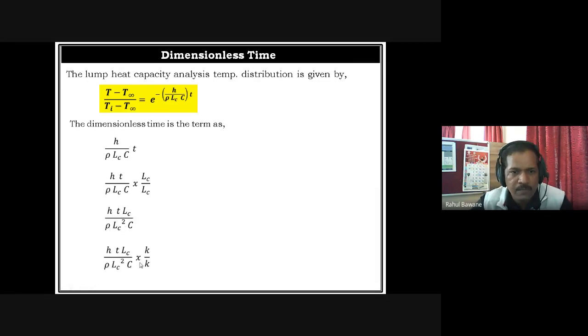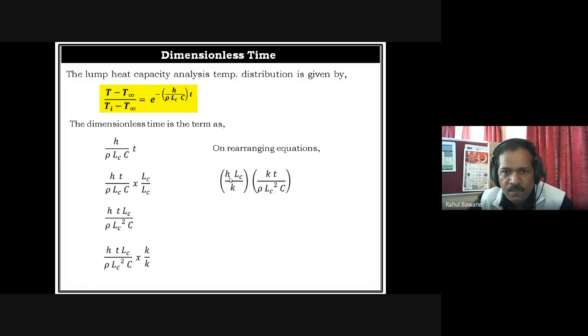Now we will multiply and divide by K, thermal conductivity. So our formula becomes h Lc upon K, and the second part K t upon rho Lc square C. So we are using K in different brackets. This first bracket, h Lc upon K, is nothing but the Biot number.